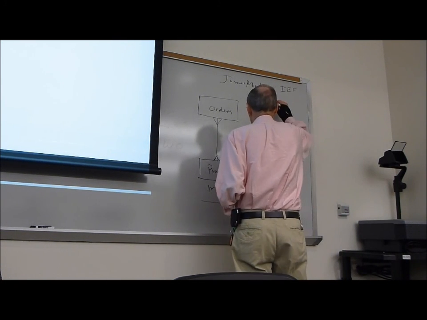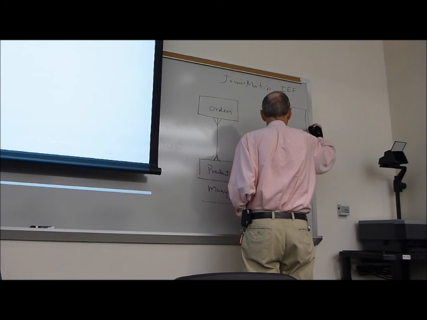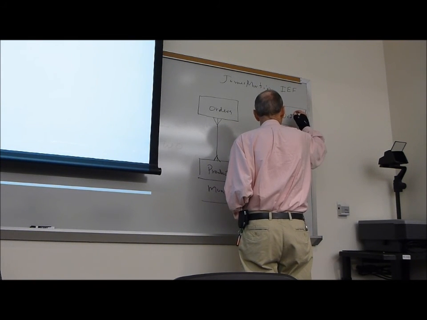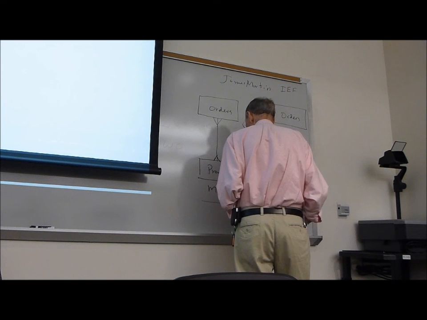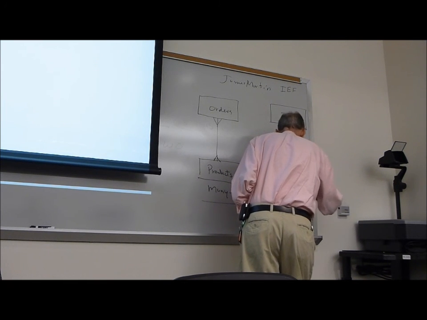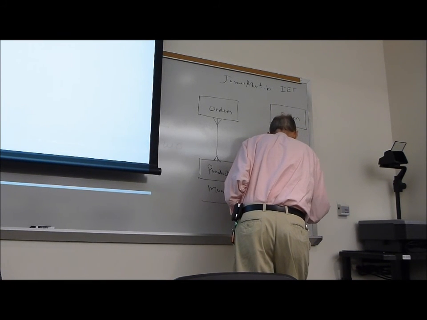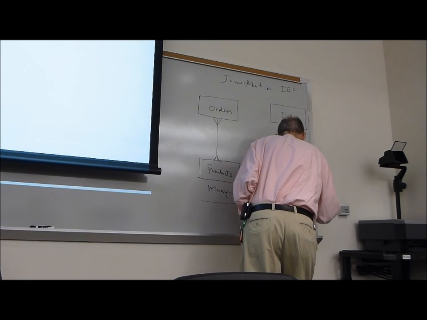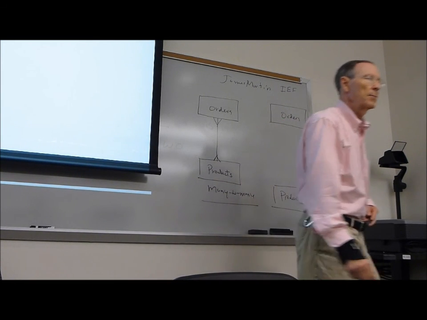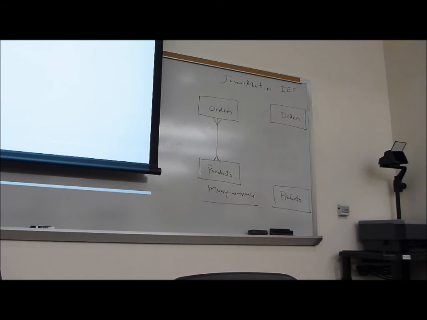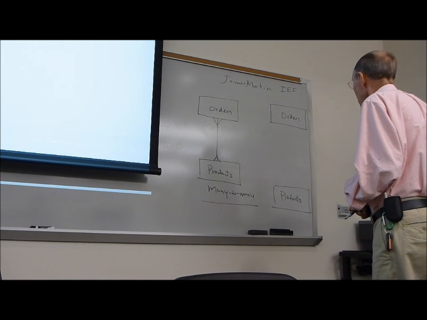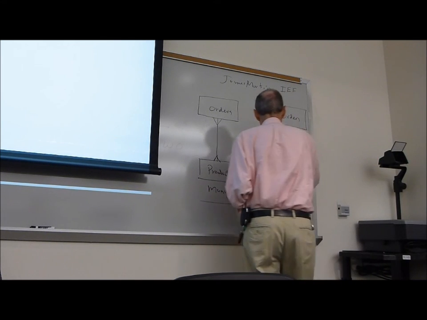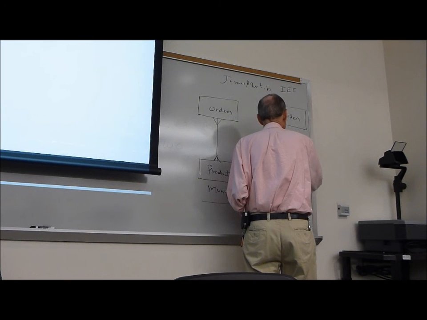Sometimes we have orders here, and then we've got our products down here. I made your homework assignment easy. It only had one product per order, so that was easy. We have to put in another table here.